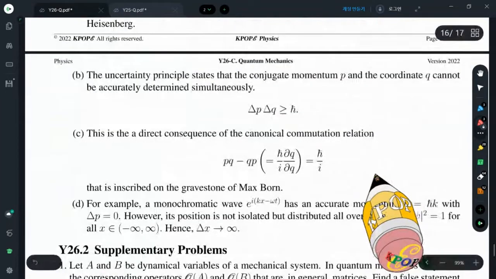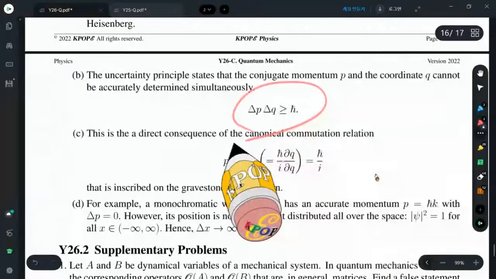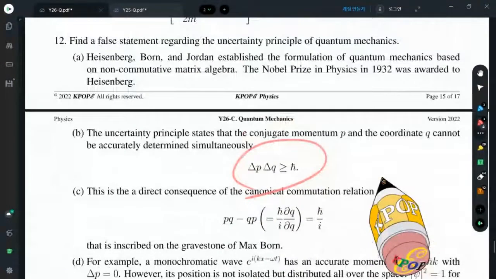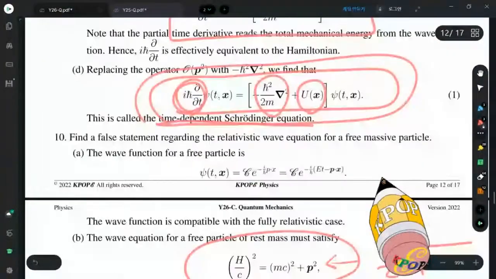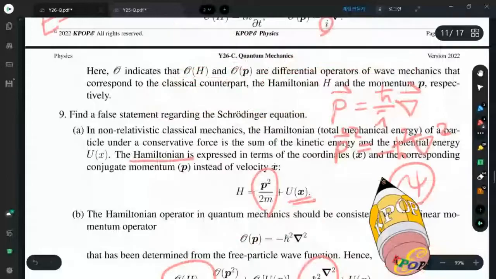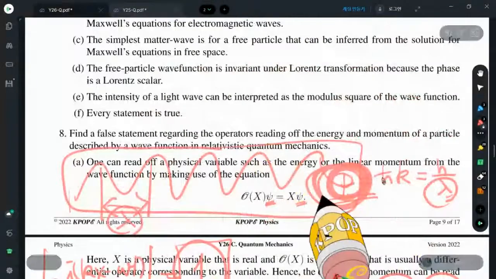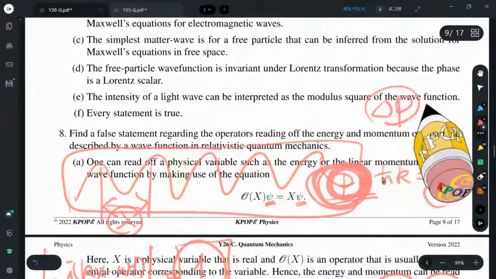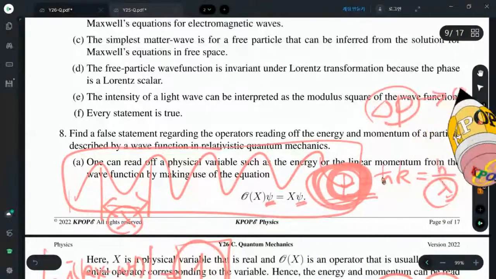So let me summarize. This is called the uncertainty principle of Heisenberg. It is due to the fact that if I bring in a monochromatic wave, delta p, the error in determining momentum, approaches zero.